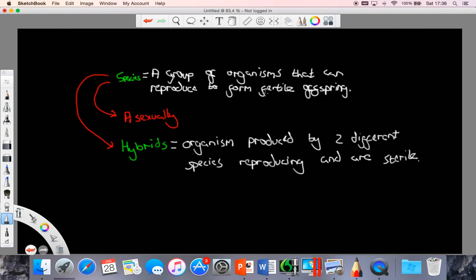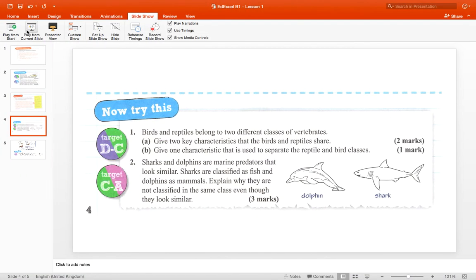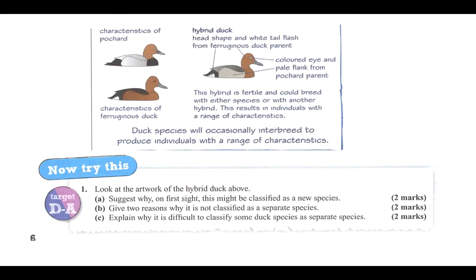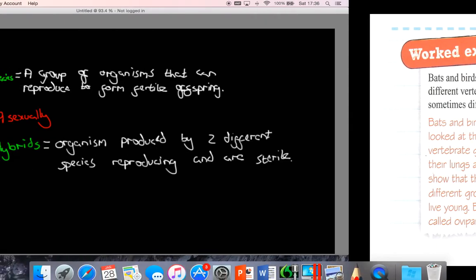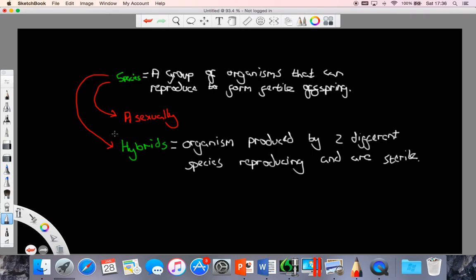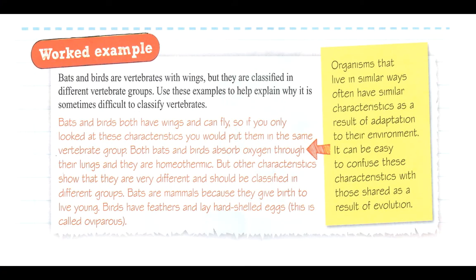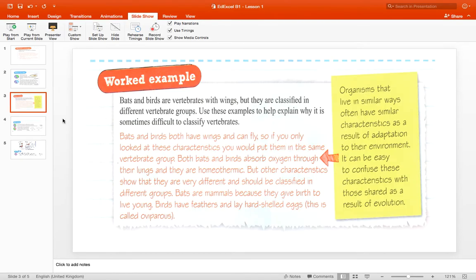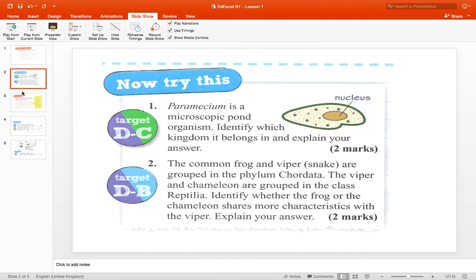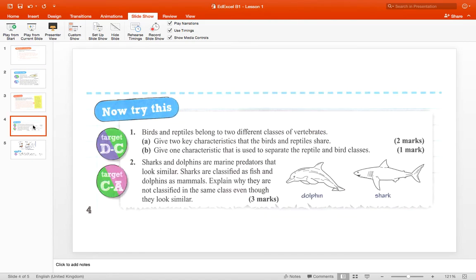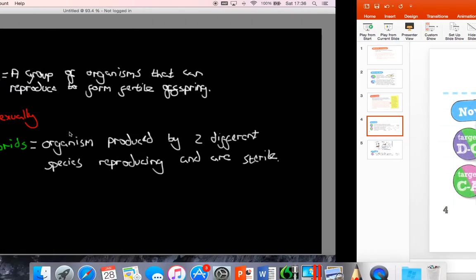Okay? So, something that we haven't really spoken about is the idea of scientists sharing new discoveries. And I do apologise because I thought that I'd placed a work question on here about it, but evidently I haven't.